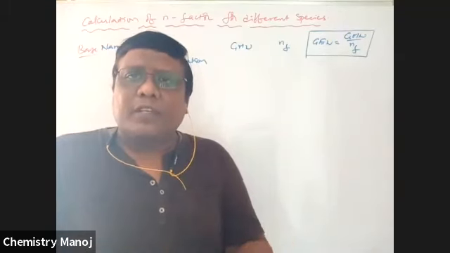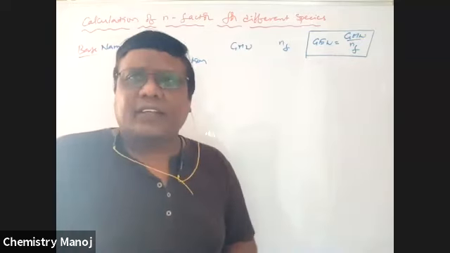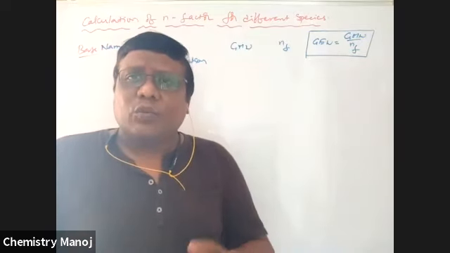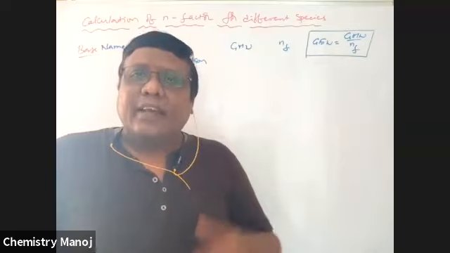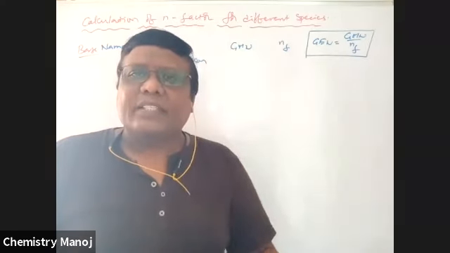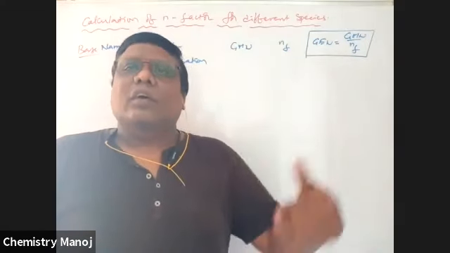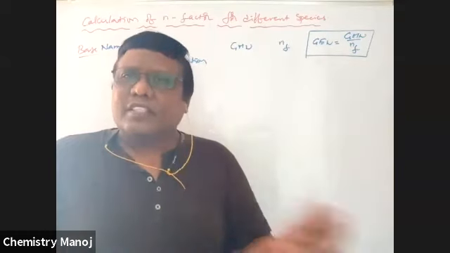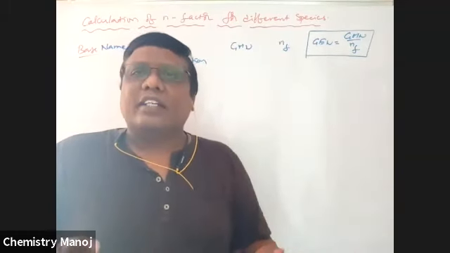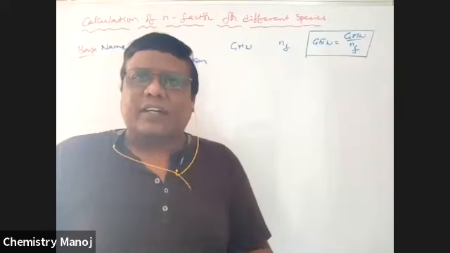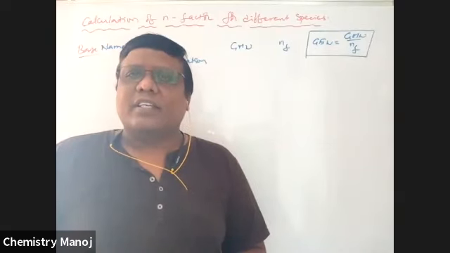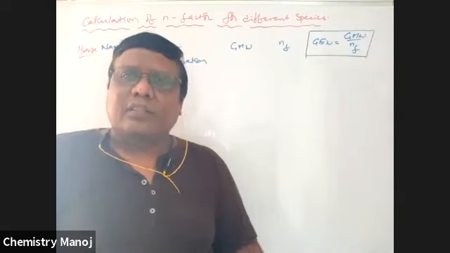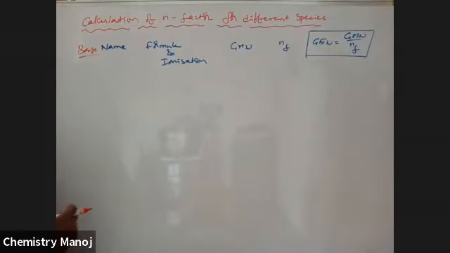So the number of H plus released is equal to basicity, and the number of OH minus released is equal to acidity. Acids have basicity, bases have acidity. So the N factor is equal to the number of OH minus ions.